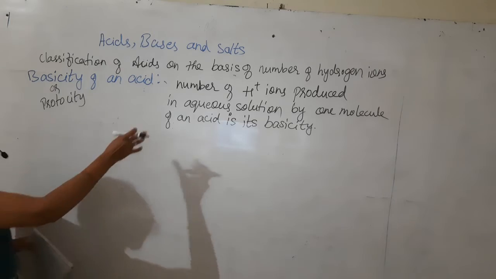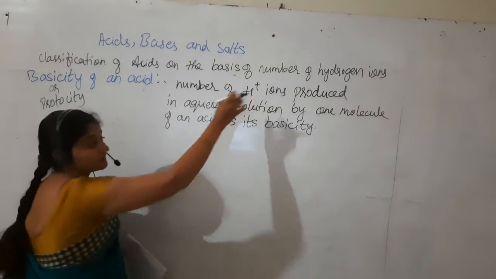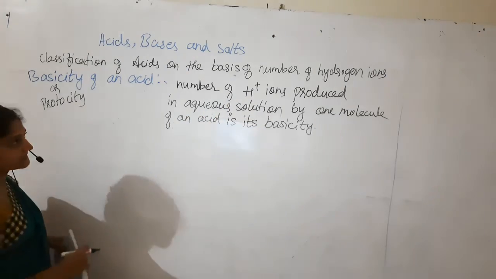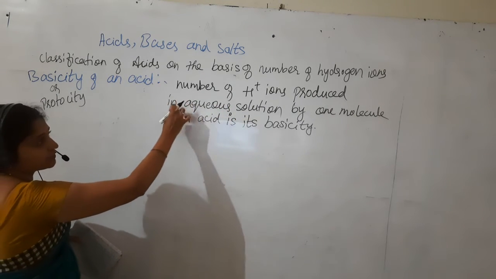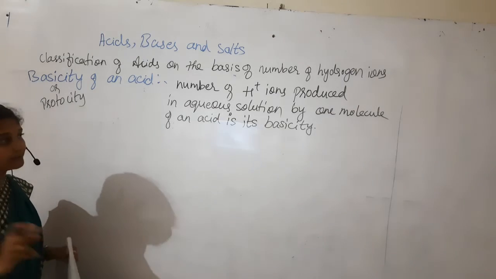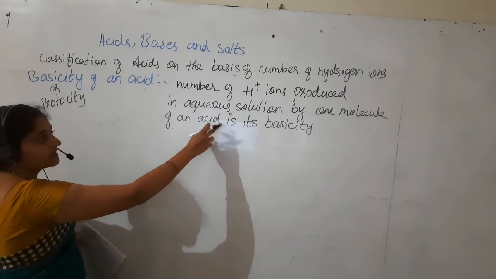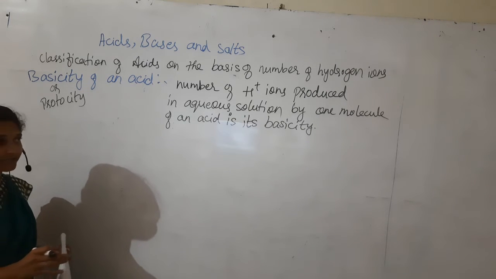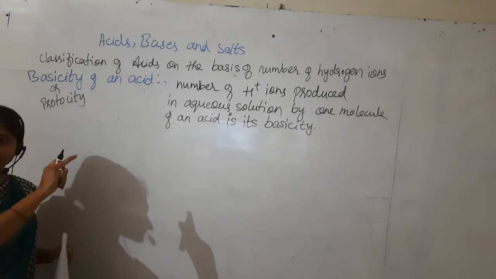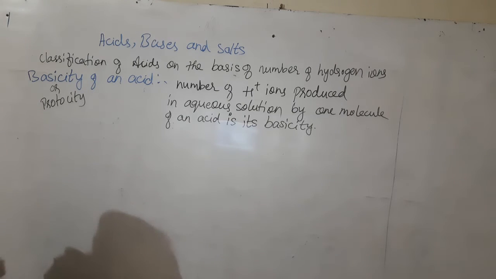Protoicity means what? H plus we call a proton, right? That's the reason for protoicity. So the number of H plus ions produced in aqueous solution by one molecule of an acid is its basicity. Whichever molecule of acid you take, the number of H plus ions tells the basicity of that acid. Okay, so here we can classify on the basis of basicity.